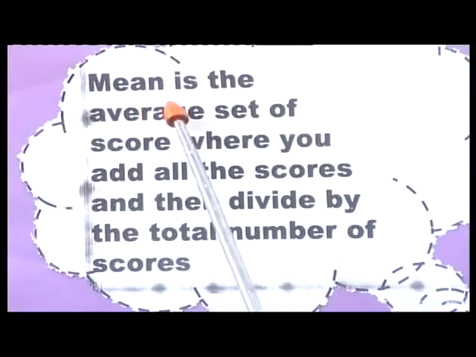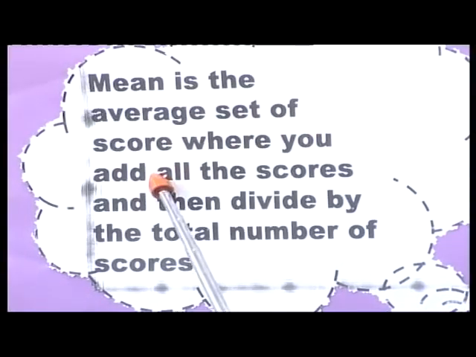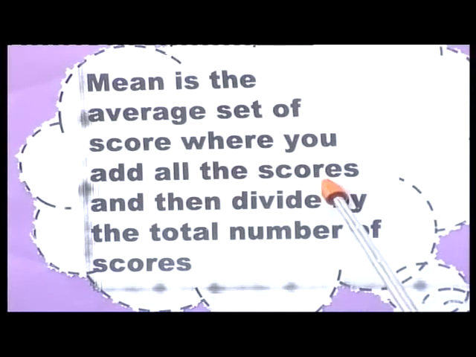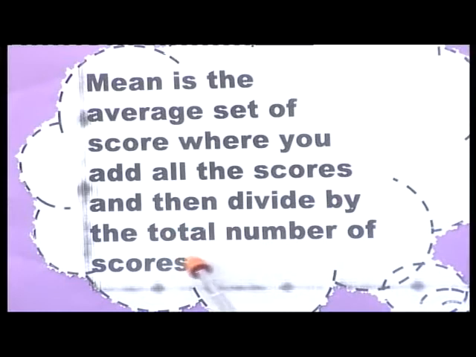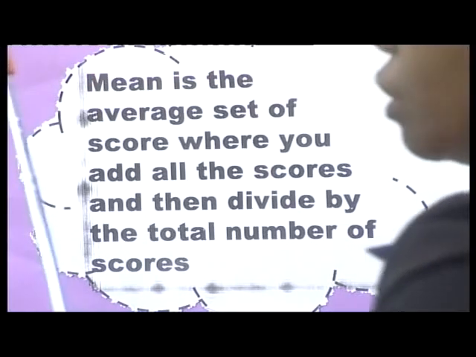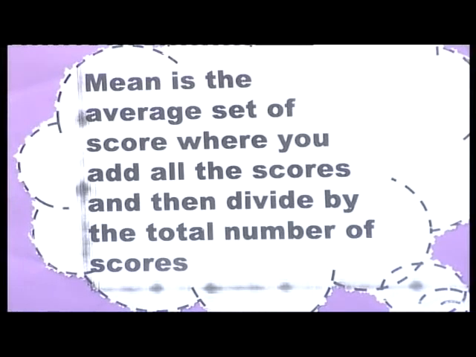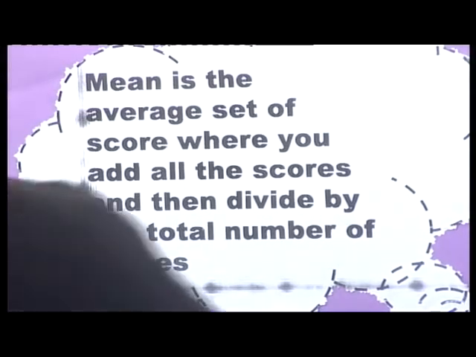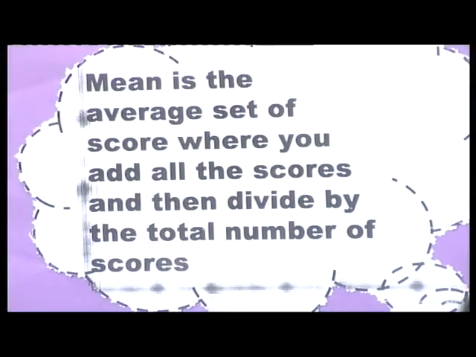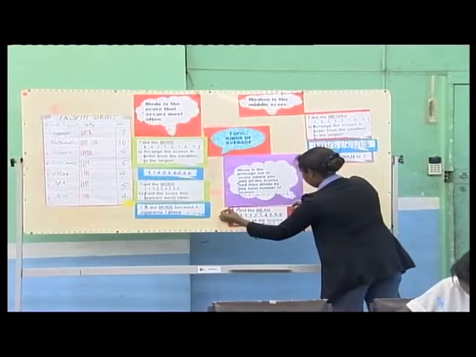Mean is the average set of scores where you add all the scores and then divide by the total number of scores. That is the simple definition for mean. There is a formula that we need to apply to work out the mean of these scores. But firstly, it says in the definition we are to add. We are to add all these scores.